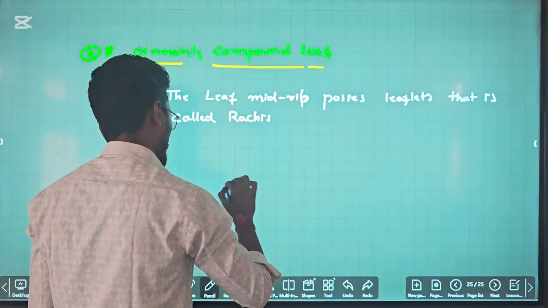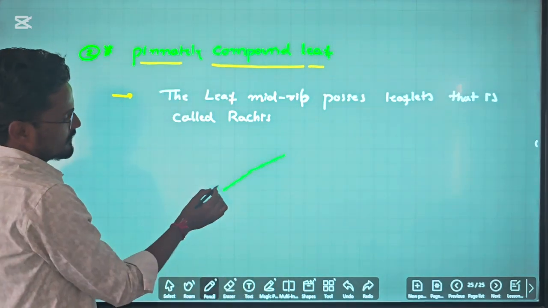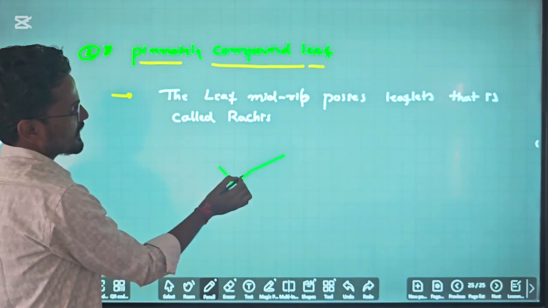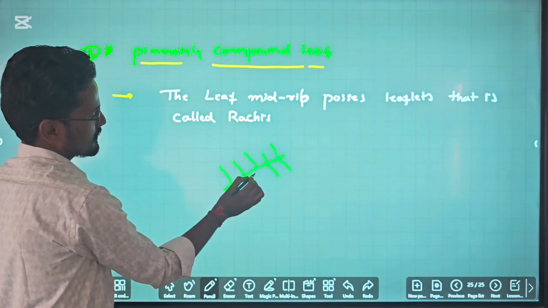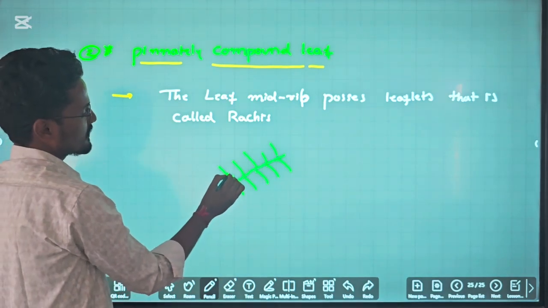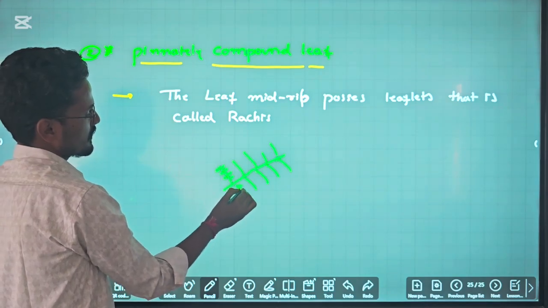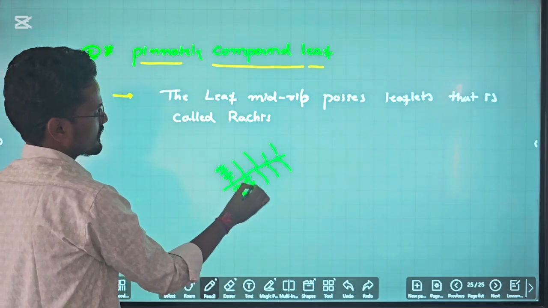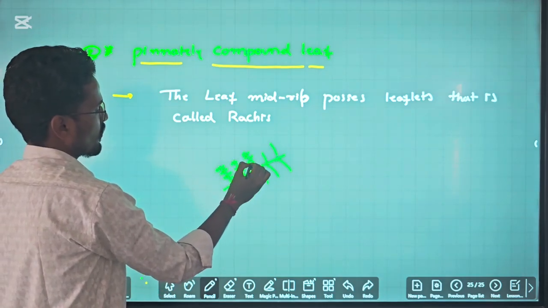Okay, so this is a leaf midrib. It has now become rachis. Why? Because it is going to produce secondary axes. On these secondary axes we see leaflets. Okay, this is somewhat complex.